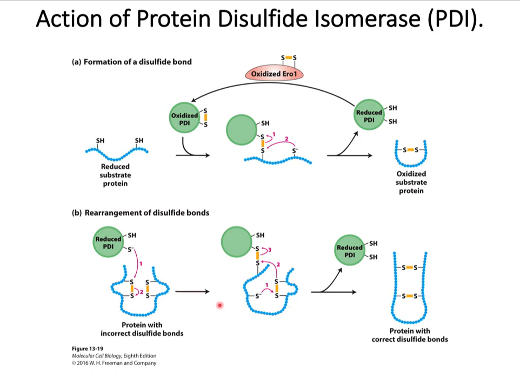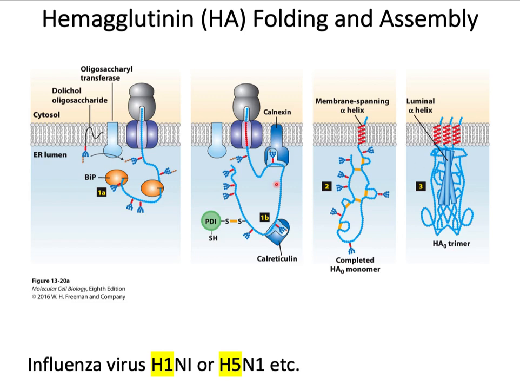Sometimes the PDI can make mistakes and wrong disulfide bonds can be formed, but the PDI can correct those mistakes by repeated reactions until the protein is folded in the most thermodynamically favorable condition. So, a very important protein. Here is an example of the influenza virus hemagglutinin folding and assembly.